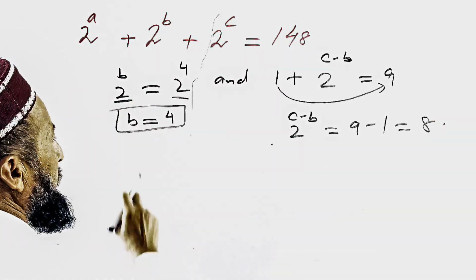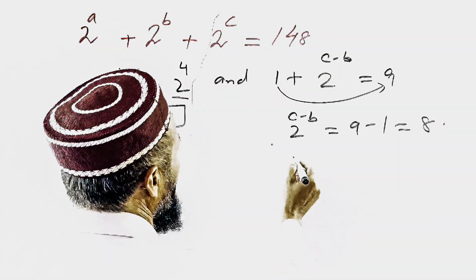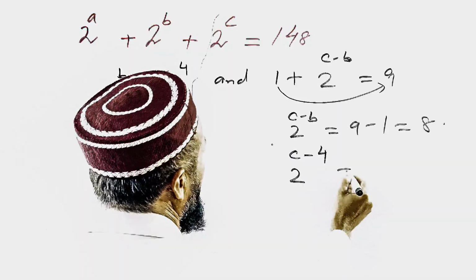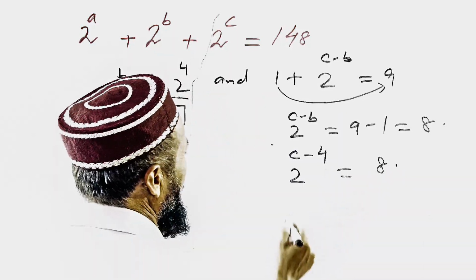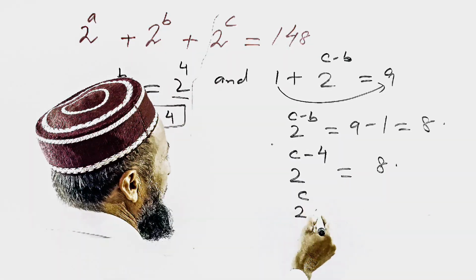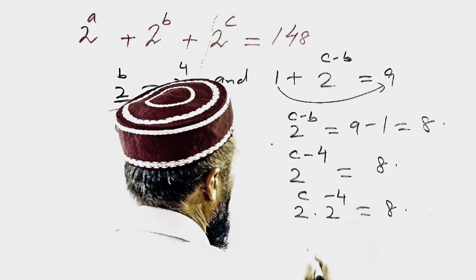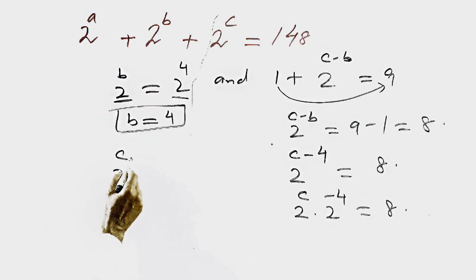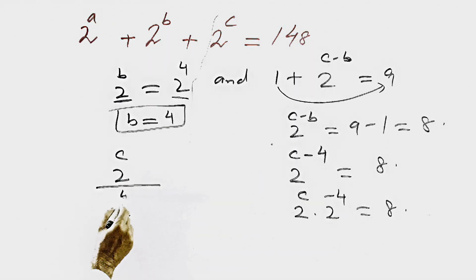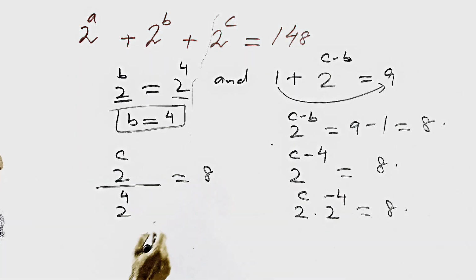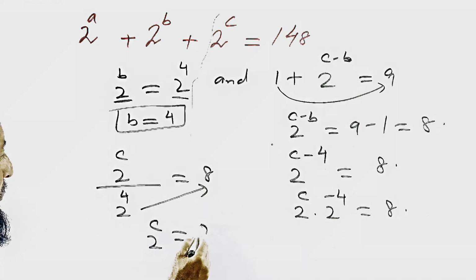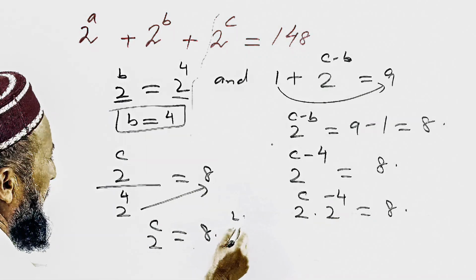Again we substitute the value of b here, so 2 exponent of (c minus 4) is equal to 8, and we can separate this term: 2 exponent of c divided by 2 exponent of 4 is equal to 8. Now by cross multiplication, 2 exponent of c is equal to 8 into 2 exponent of 4.